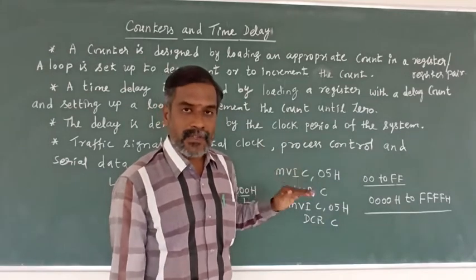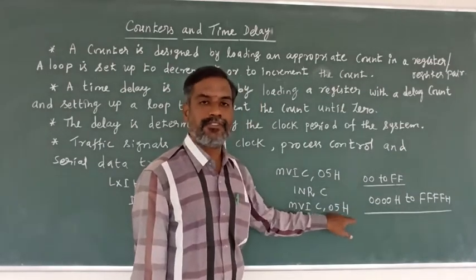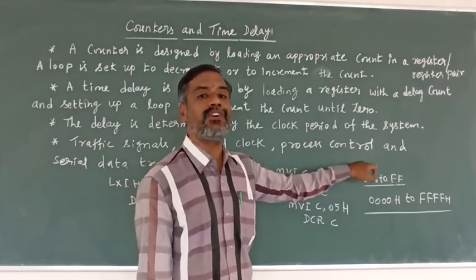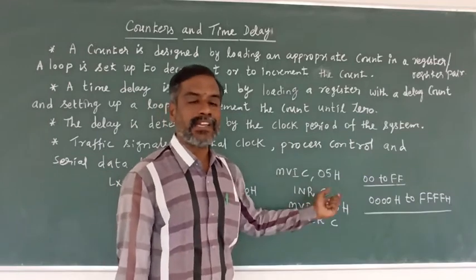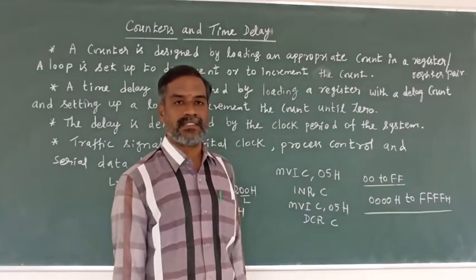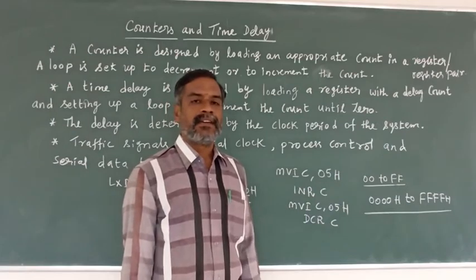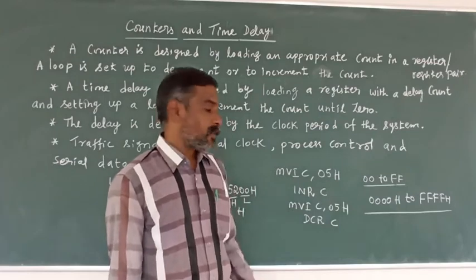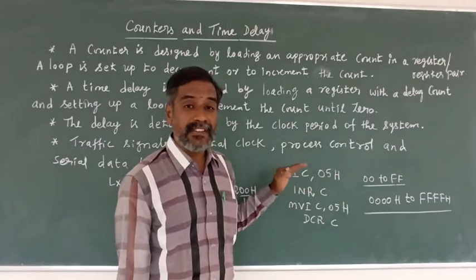If you want to view the in-between data 05 to 04, 04 to 03, 03 to 02, 02 to 01 and 01 to 00, you have to give some delay between two data, either 1 millisecond, 10 second or 50 microsecond. Without delay, we cannot view the in-between two data.